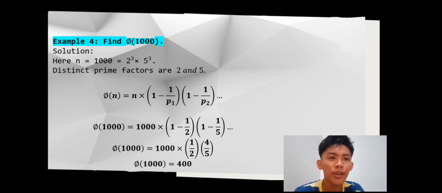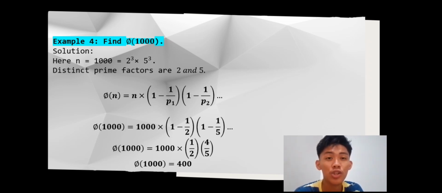The first thing we need to do is to factor 1,000. The result will be 2 cubed times 5 cubed. So our p sub 1 here is 2 and our p sub 2 is 5.